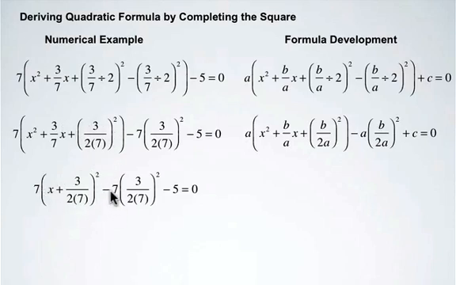Then we have negative 7 times 3 divided by 2 times 7 squared minus 5. Same thing here. So x plus b divided by 2a squared. This is our factored form of this trinomial. Our x squared becomes the x. The b divided by 2a squared becomes our b divided by 2a.